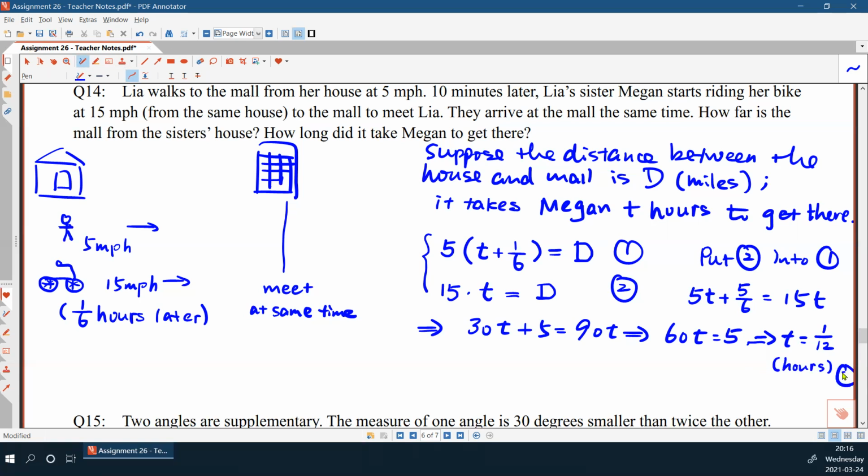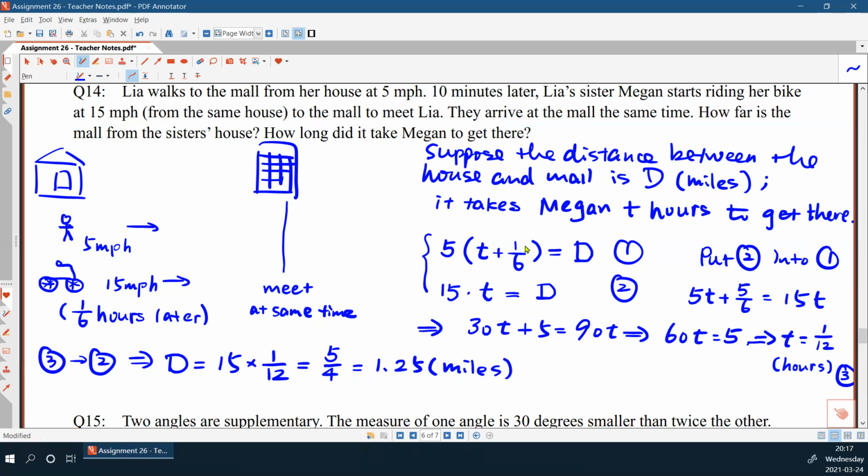So let's say this number 3. And then we can put number 3 into number 2 to get d is 15 times t, which is 1/12. So this will give us 5/4, which is 1.25. The unit is miles, remember? Okay, so here we get the value of t and d. And now we can make the conclusion.